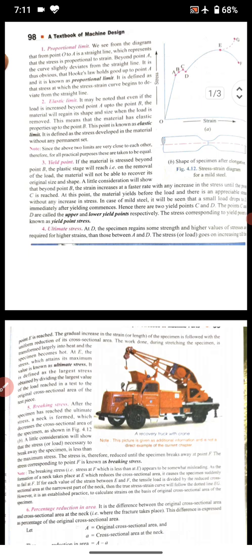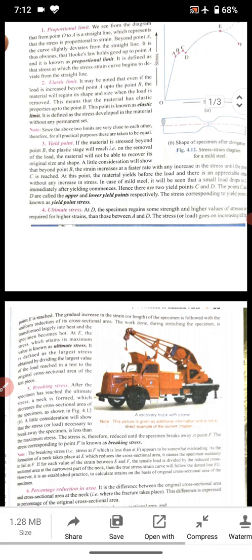This ultimate stress value is very important for design projects. It means you are getting two stress values: first the yield stress value and second the ultimate stress value. We will discuss later how they are useful for design concerns.